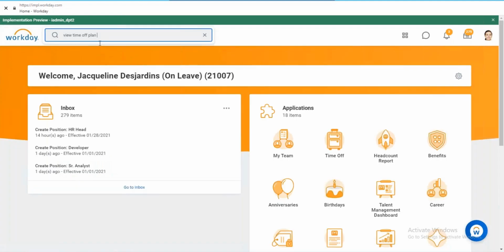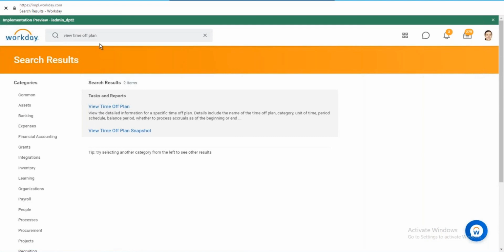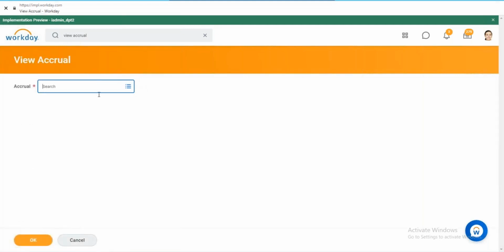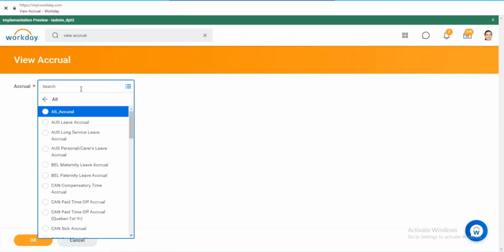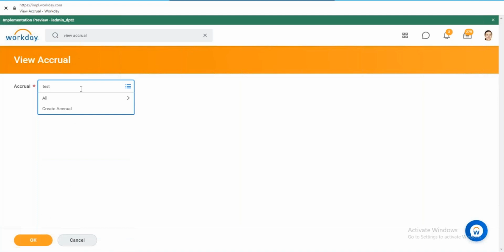Okay, let's see the time off plan from yesterday. Which time off plan did I create? You created the accrual one, which was the test, and then the time off plan was RP special leave. I think there was one called test.